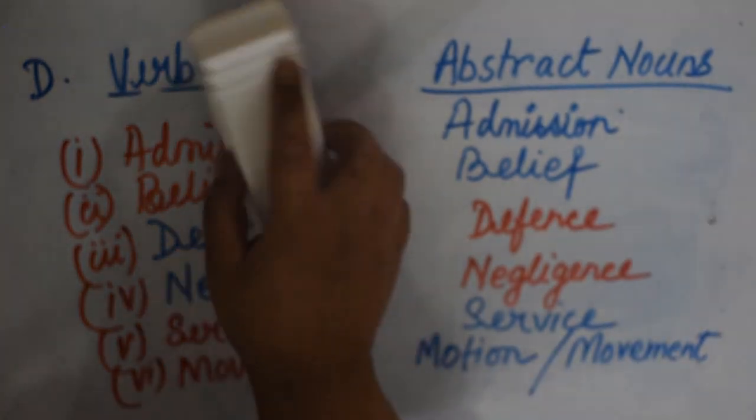Okay, so now I move on to the last set of questions, where you had to underline the pronouns and mention whether they are reflexive or emphatic. So I will directly write the sentences.